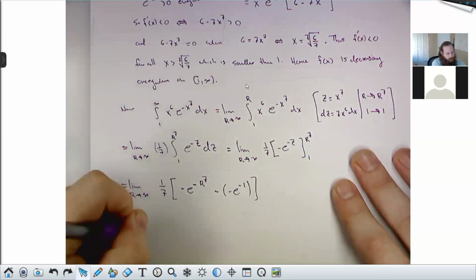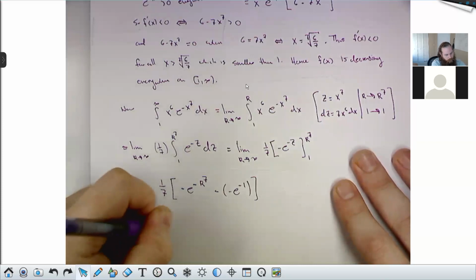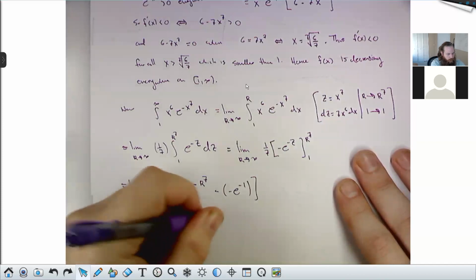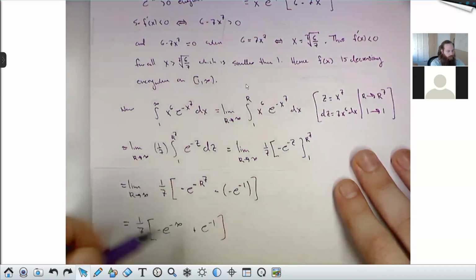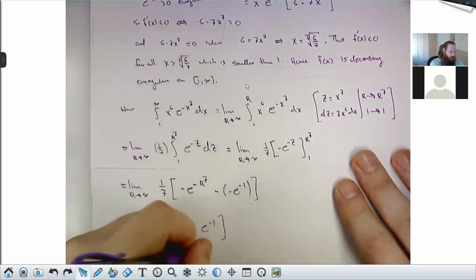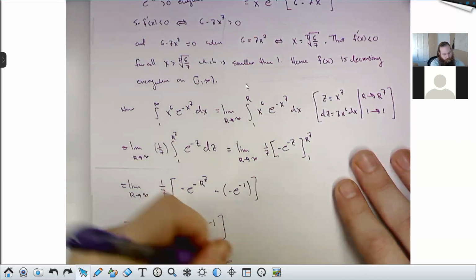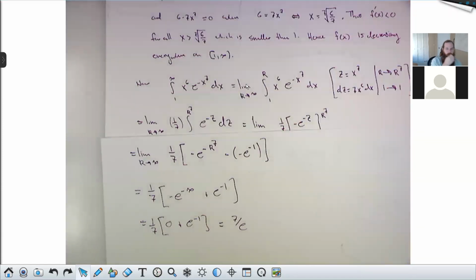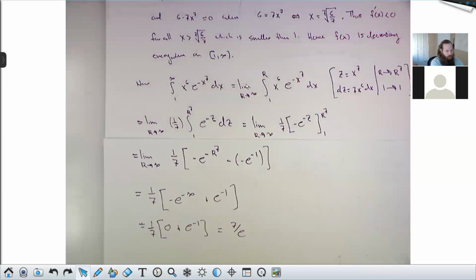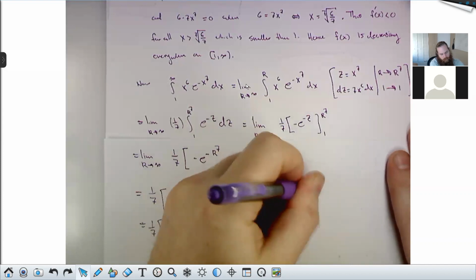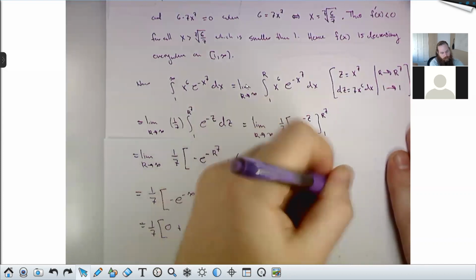So I get 1/7 negative e to the negative infinity plus e to the negative 1. And e to the negative infinity is 0. So this is 1/7 times 0 plus e to the negative 1, or 7 over e, which is finite. So the integral converges.